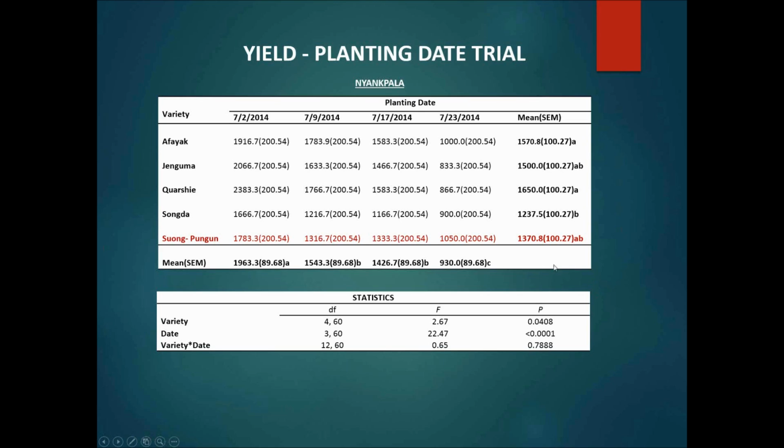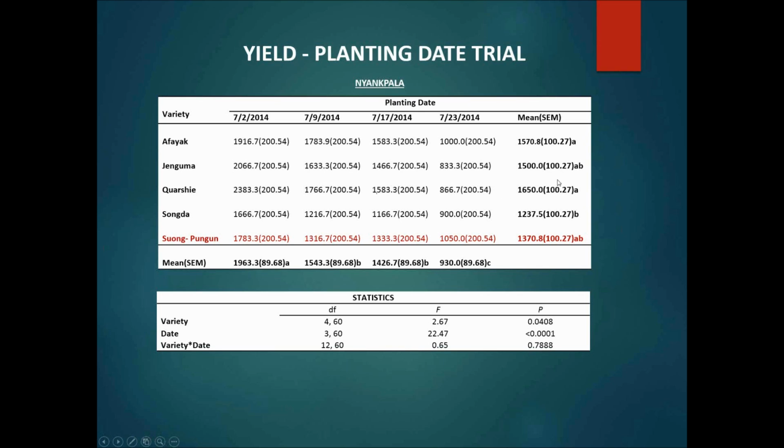Now, we see that the earlier planting gave us 1963, showing the highest across the board, across the varieties, with the lowest coming from the late planting date on the 23rd of July.